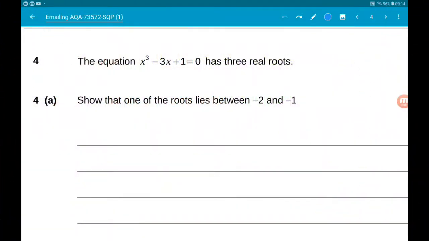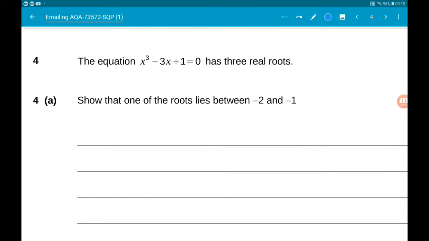Okay, question 4. We're going to be using the Newton-Raphson method to solve equations. We are told the equation x cubed minus 3x add 1 equals 0 has 3 distinct roots.